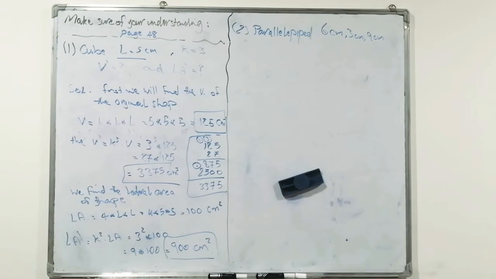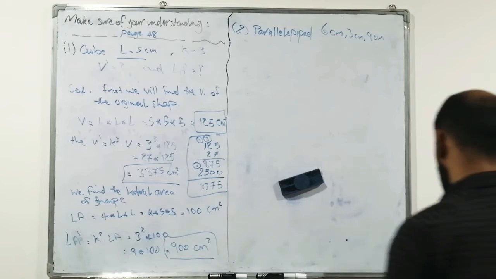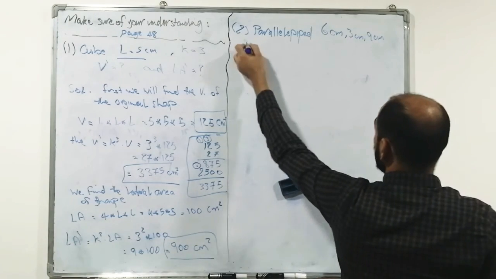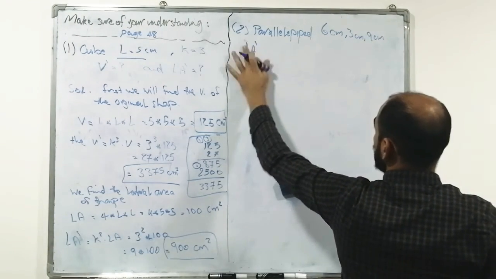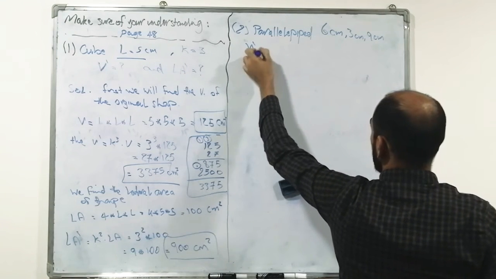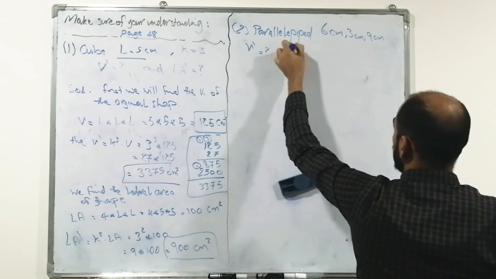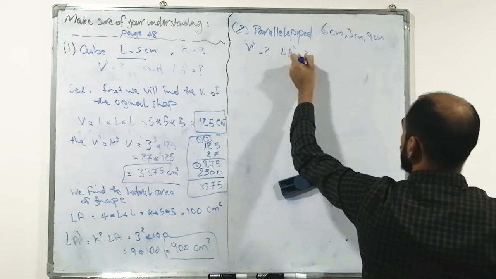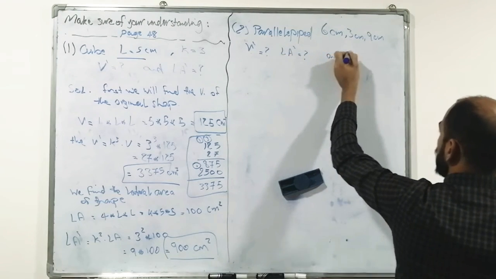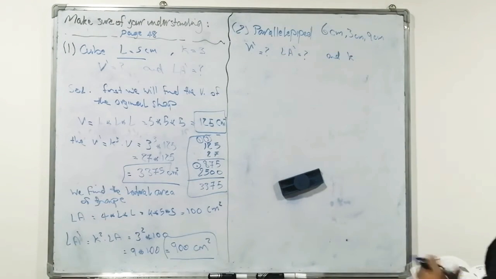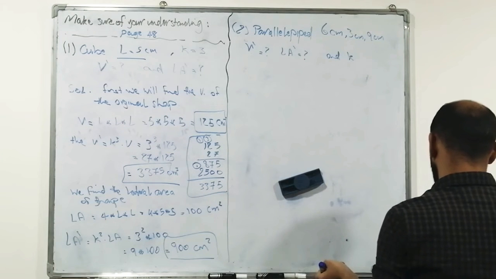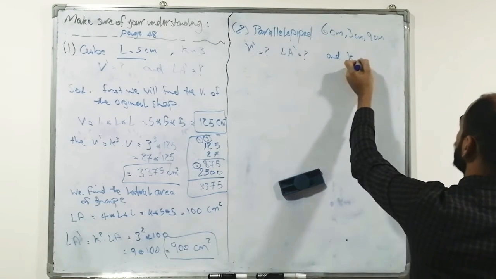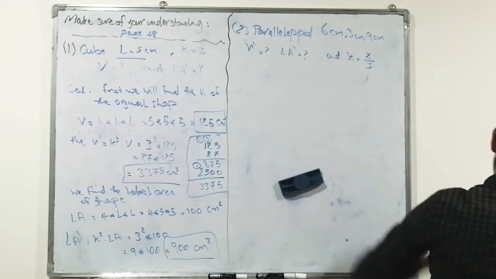Find its volume and lateral area after the effect of the dilation coefficient. Also, you have to find the volume and the lateral area of the shape after the dilation, where the dilation coefficient is 2 over 3.